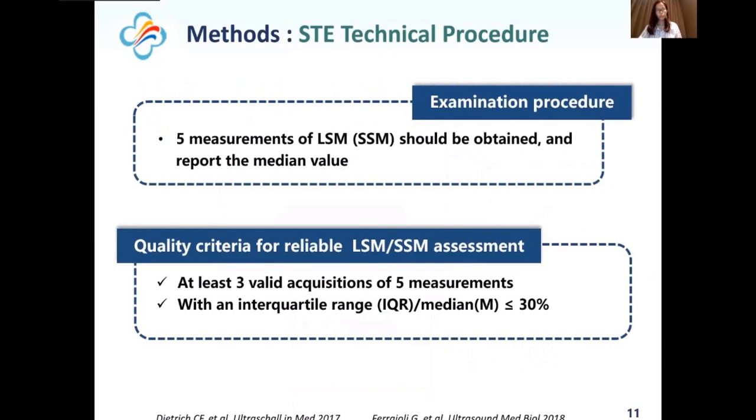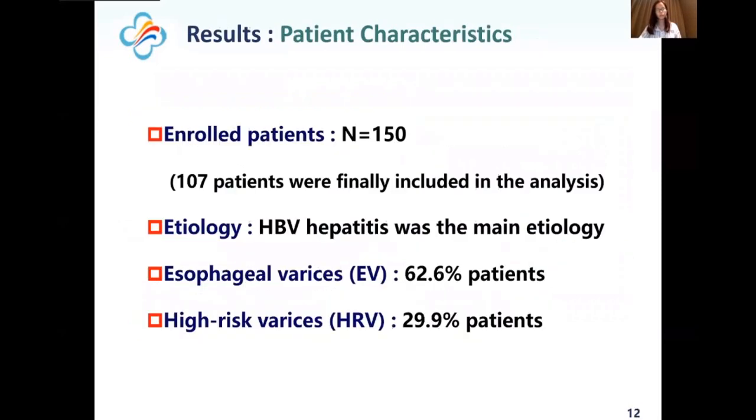Respective measurements of LSM and SSM should be obtained, and the median value was reported. If there were at least 3 valid measurements, with an IQR-M ratio no more than 30%, then the LSM and SSM results were considered reliable.